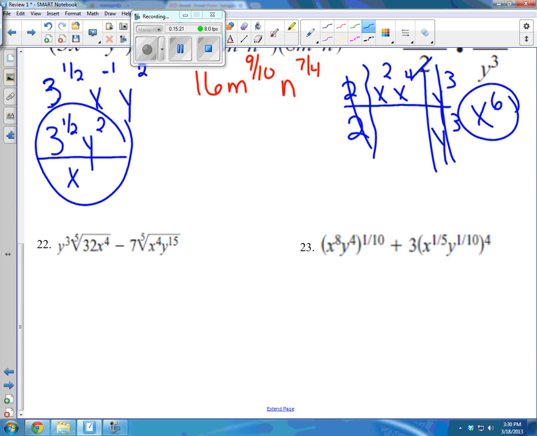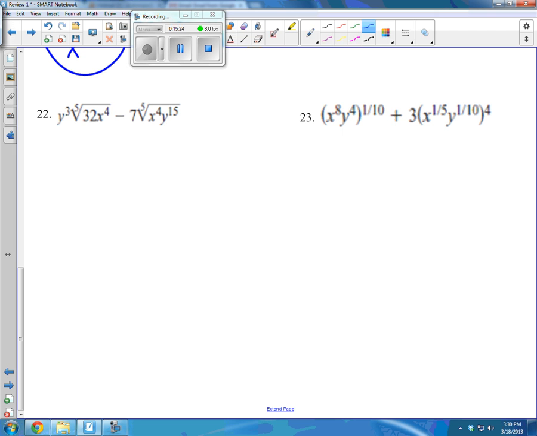All right, 22. Whenever you add or subtract, things need to be alike, so it's very picky. But what I'm going to do is treat each term like a little problem. So on the first term, the 32 has a perfect fifth root. That will become 2. None of the x's can come out, so my first term turns into this. And then in my second term, the y to the 15th can come out and join the 7.